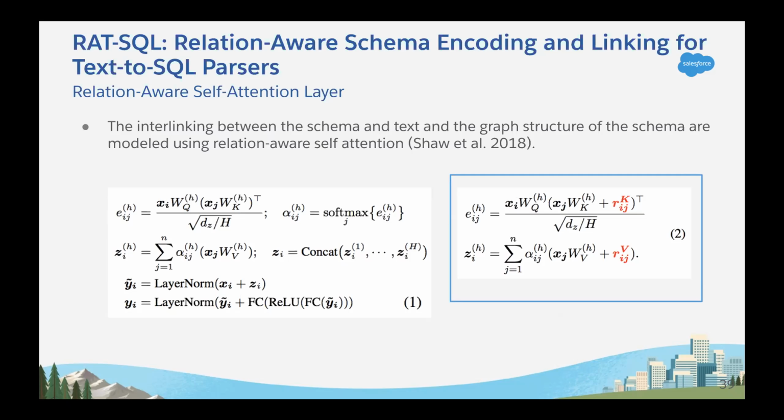Then if token I and token J have some relation, this representation is added as a bias into the formulation that calculates the attention between I and J, and also when they calculate the contextual representation for information aggregation. I'm just explaining simply how they do this, but if you want to know more detail, you can read the paper.